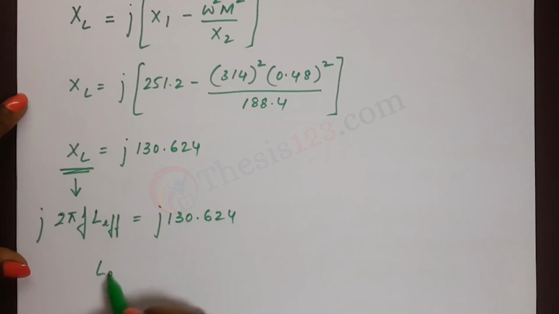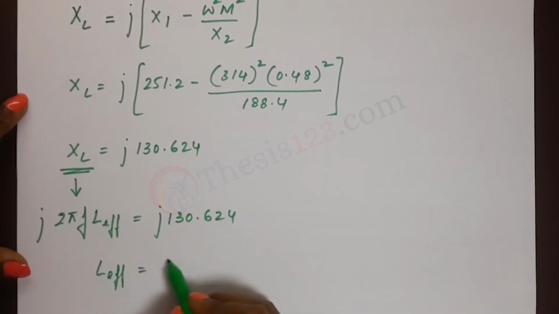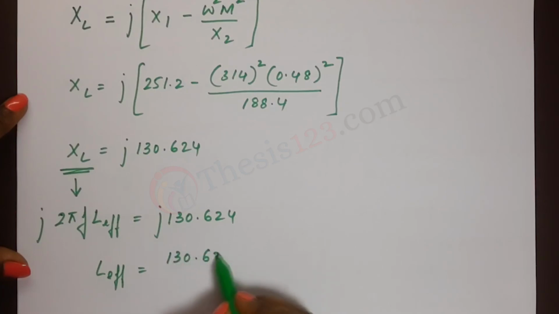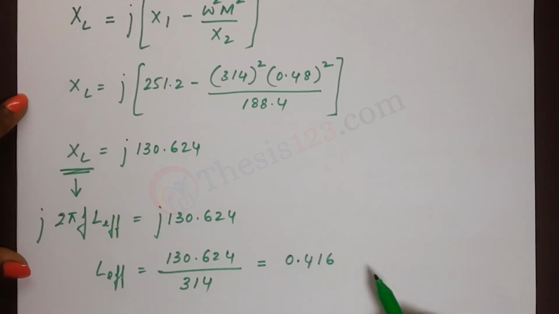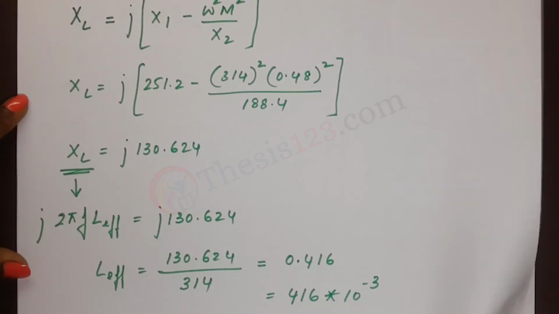We need the value of L effective, so this would be 130.624 divided by 2 pi f, which is omega, 314. Solving this, we get 0.416. And since the question asks in terms of millihenry, this would be written as 416 into 10 power minus 3, which is 416 millihenry.